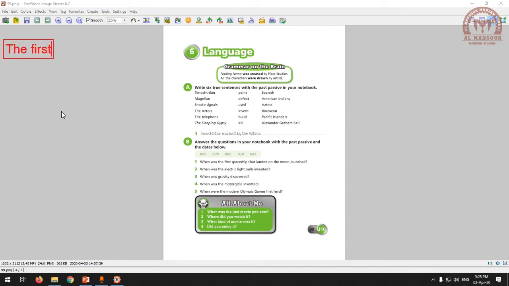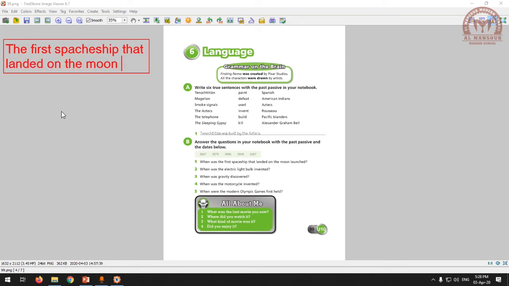The first spaceship that landed on the moon was launched in 1969. Okay, and you could say the first spaceship that landed on the moon was launched by 1669.